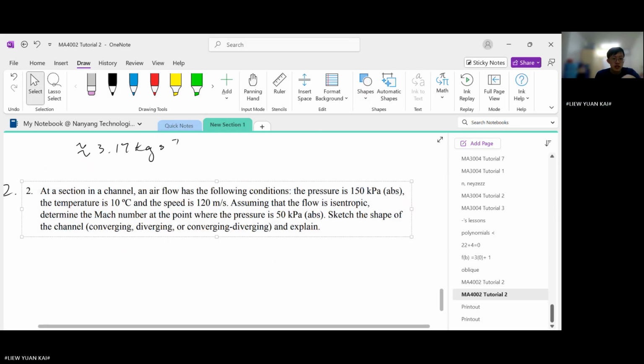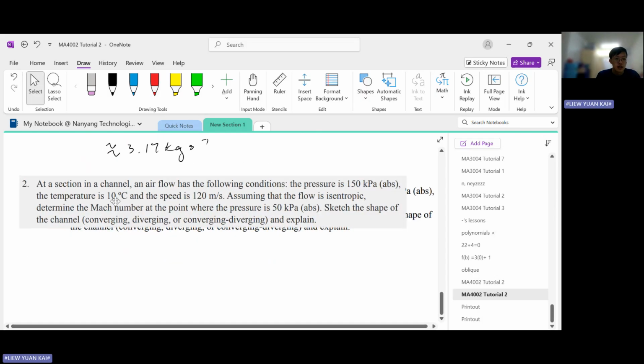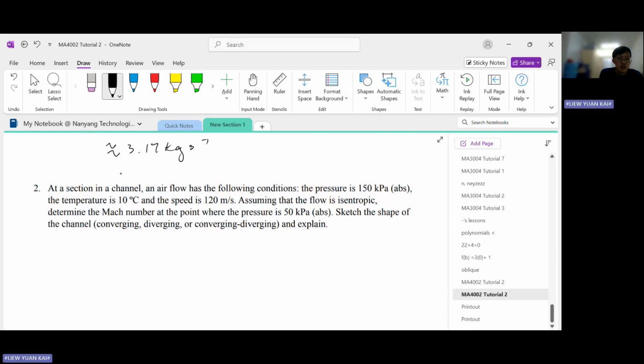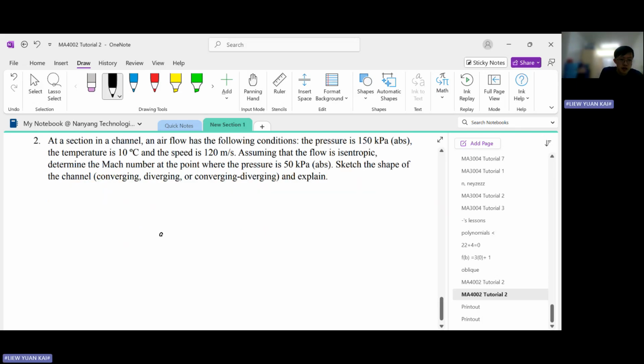Question 2 states that at a section in the channel, air flows with these conditions. Let's sketch out the problem. This is point 1 and this is point 2. Point 1 has these conditions. Remember to change degrees Celsius to Kelvin.